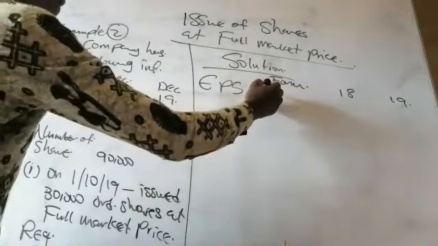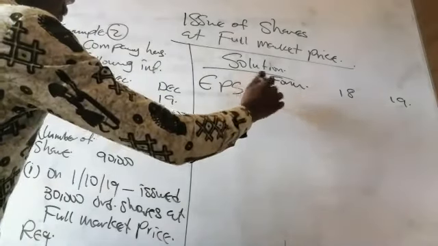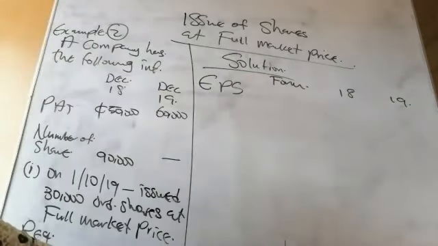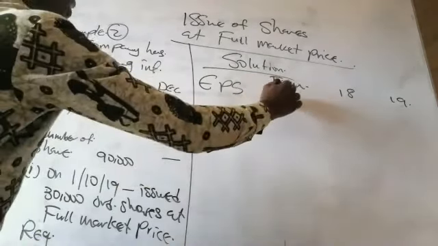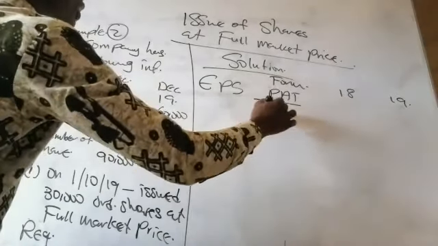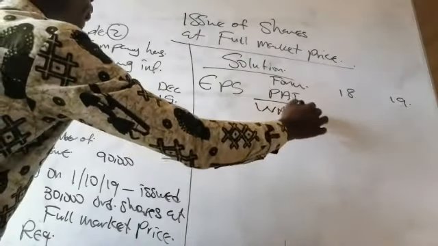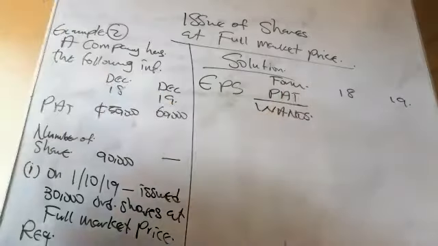The more I write, the more I remember. Earnings per share is nothing but my profit after tax over the weighted average number of shares. That's all for earnings per share.